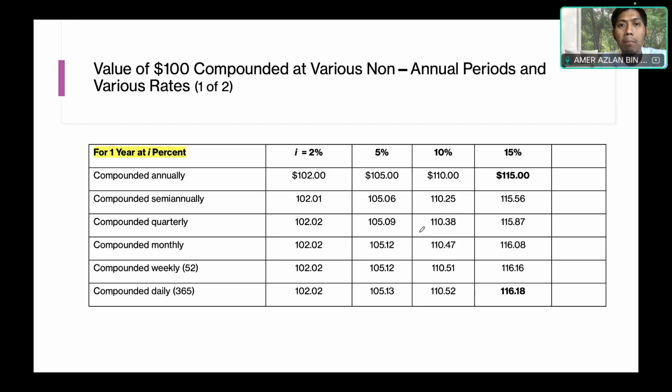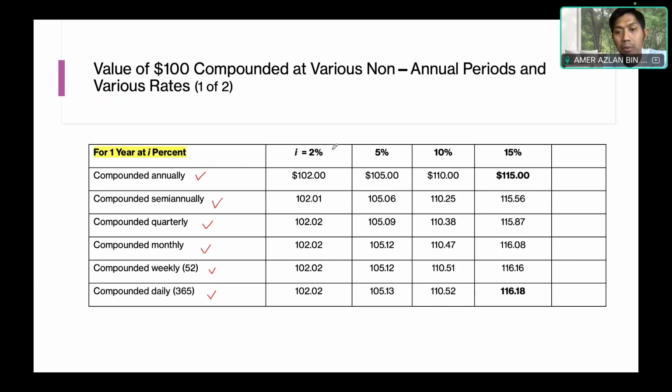Now, speaking of the compounding effect, compounding can be annually, semi-annually, on a quarterly basis, monthly basis, weekly basis, or even daily basis, right?